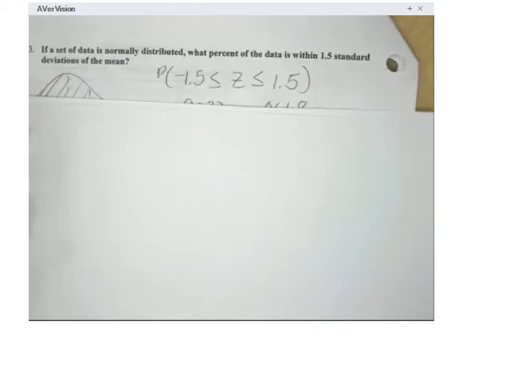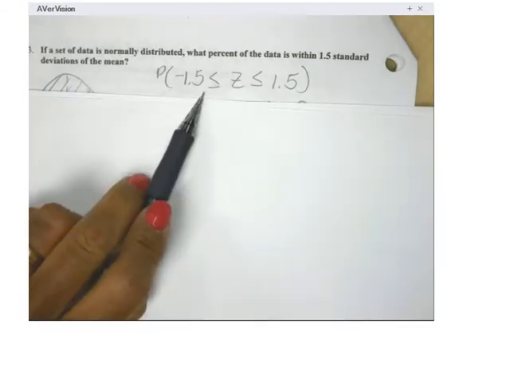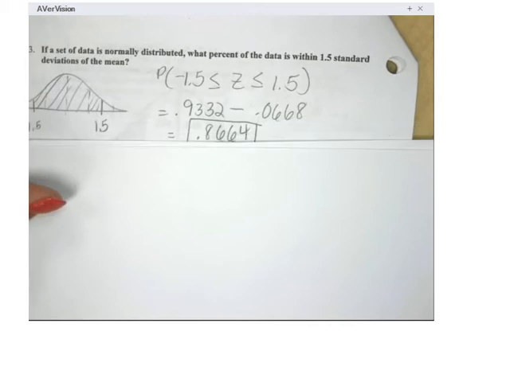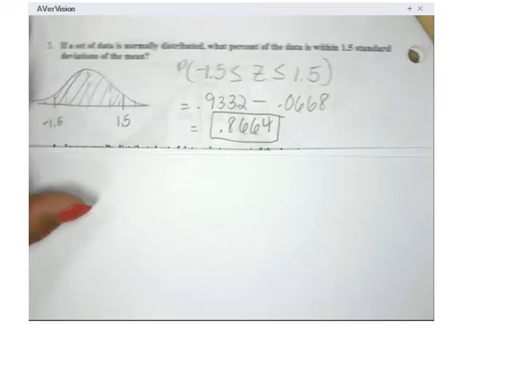A little bit more information we'll cover on this. And sometimes just the way the question is worded is the part that we have to look at and see how it relates to our thinking. So I have a set of data that is normally distributed. What percent of the data is within 1.5 standard deviations of the mean? Within 1.5 standard deviations of the mean.